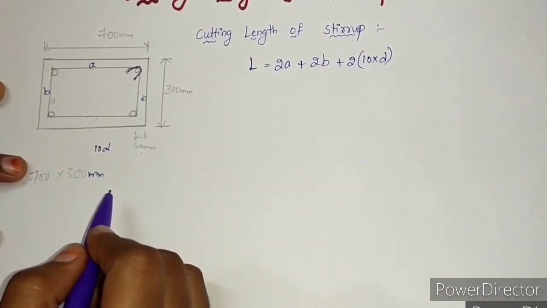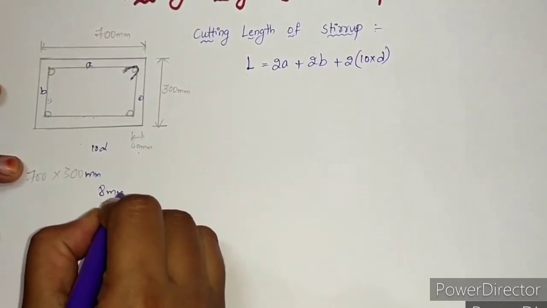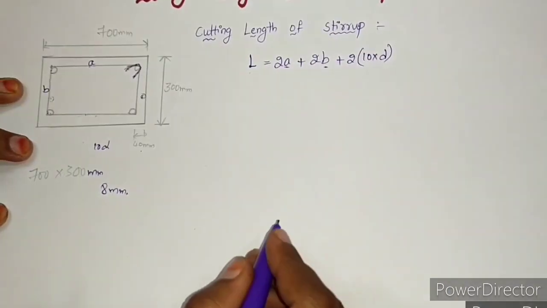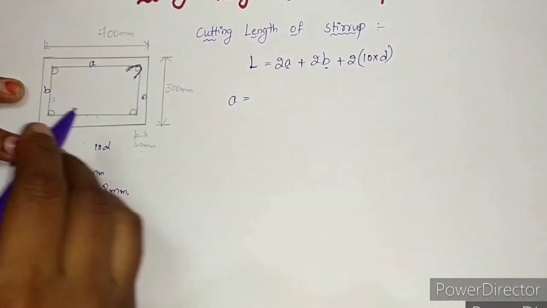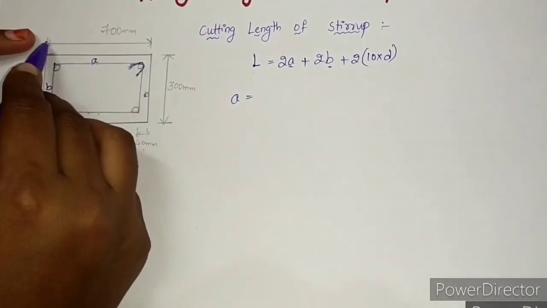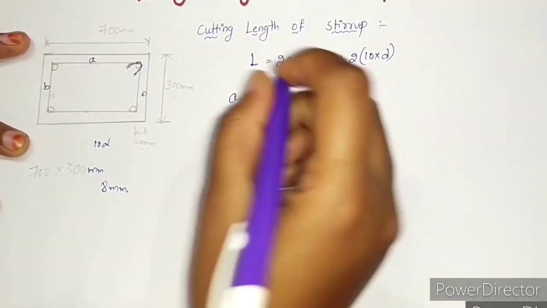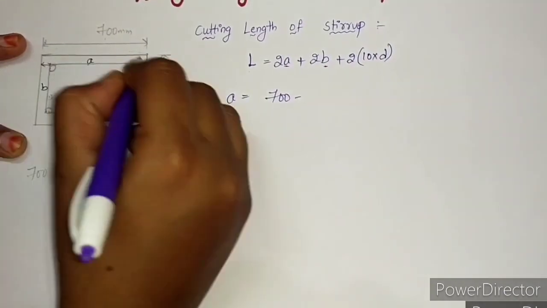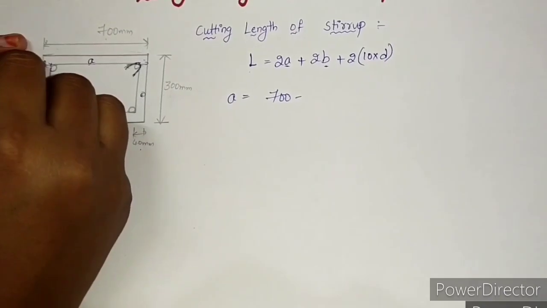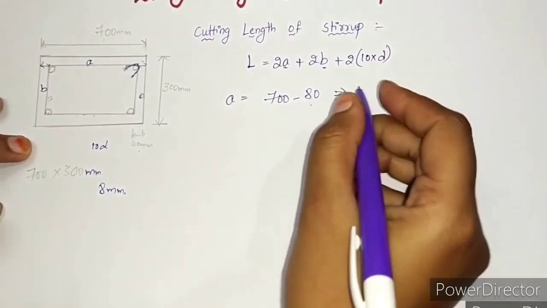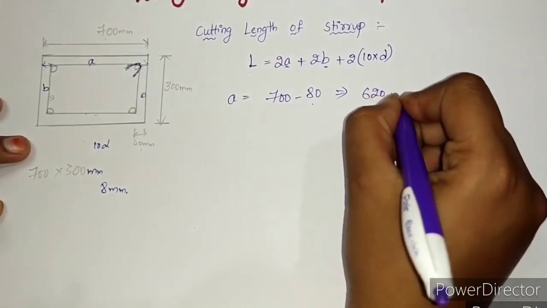Generally we make the stirrup using 8 mm bars. In this we are calculating the small a and small b values. Small a is equal to the column dimension 700 minus the clear cover and clear cover, that is 40 plus 40, that is 80. 700 minus 80, we get 620 mm.